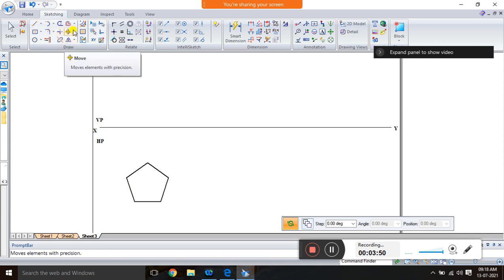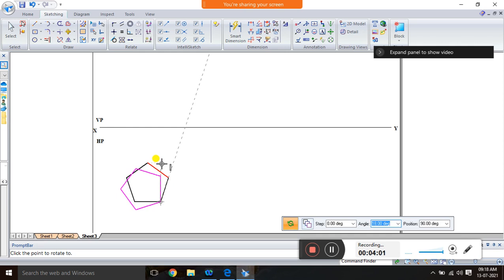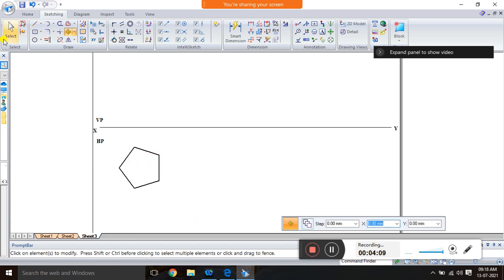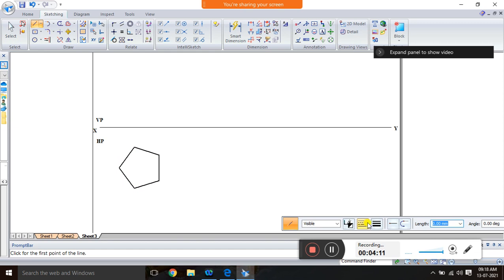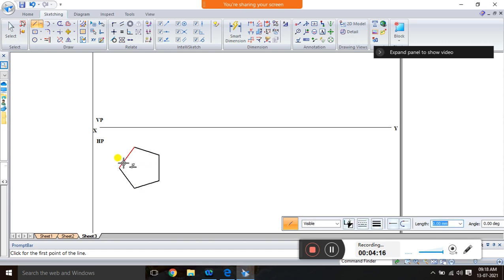So I want the corner edge condition, so like this you have to rotate. Either you can rotate or you can set the position angle to 90 degree. Okay, after that you have to reposition like this, then you have to mark the center, that is most important.